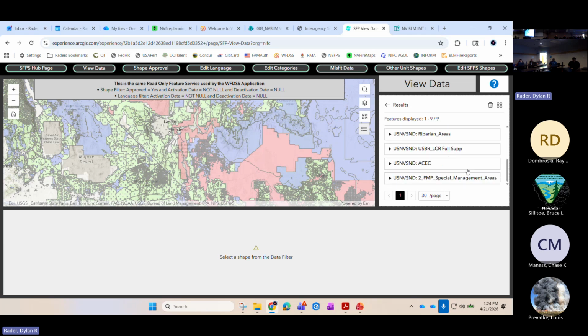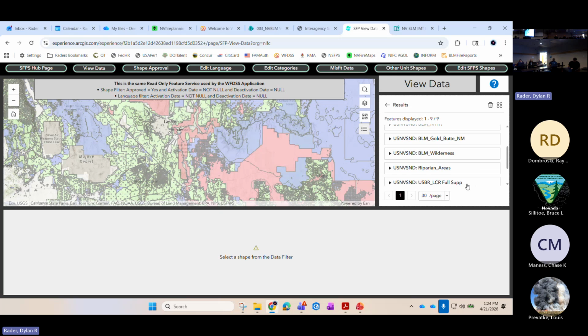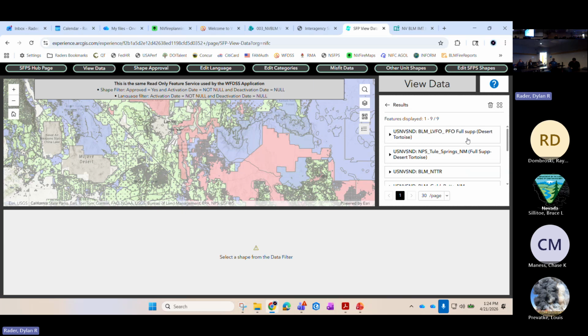So you guys have 9 distinct shapes in there as well: special management areas, ACECs, LCR full suppression, riparian areas, wilderness, Gold Butte, NTTR, Thule Springs, and full suppression. What is this? Las Vegas Field Office full suppression, Desert Tortoise. So maybe that's where your text would go, the text that should have gone to the other one?